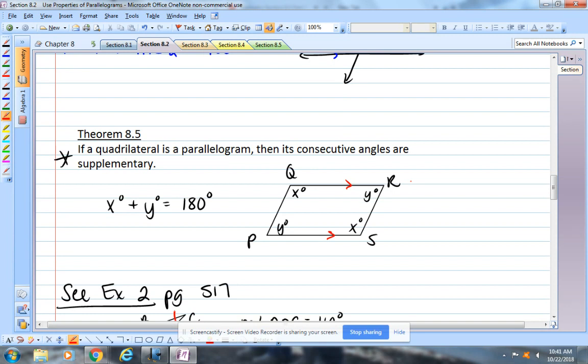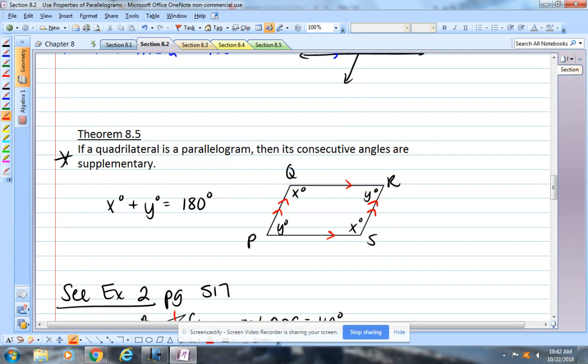So that's the same thing where they are to go that way. And since these are parallel to each other, it also is true horizontally. These two will make 180. Because how many angles total do you have in a parallelogram? How many angles do you have? Only 4, because it's a quadrilateral.